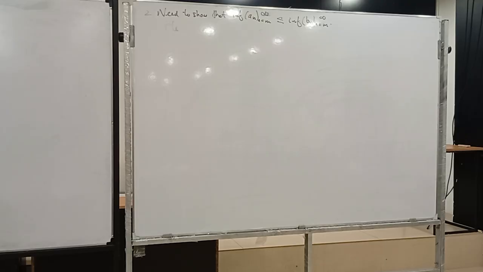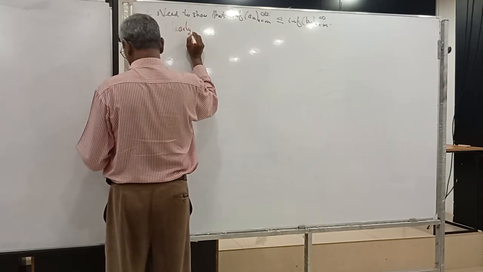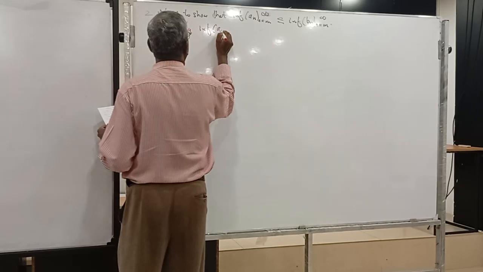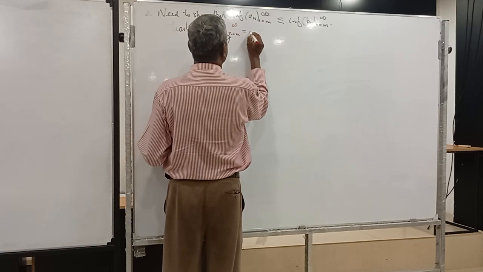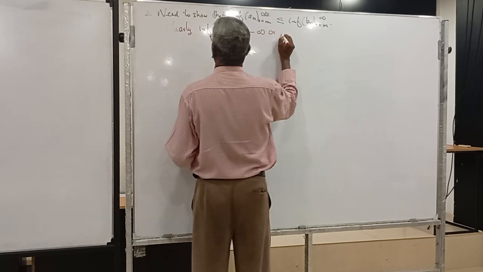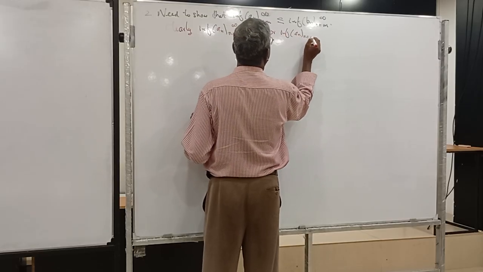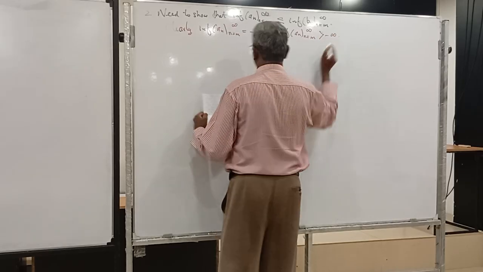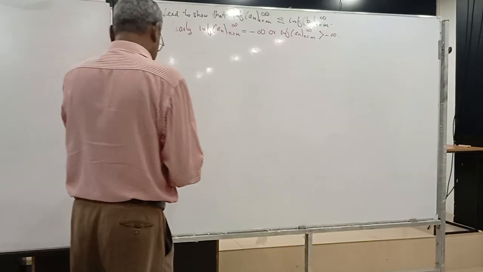Now, this one: inf a n, n going to infinity, is either minus infinity or greater than minus infinity. That is of course true.